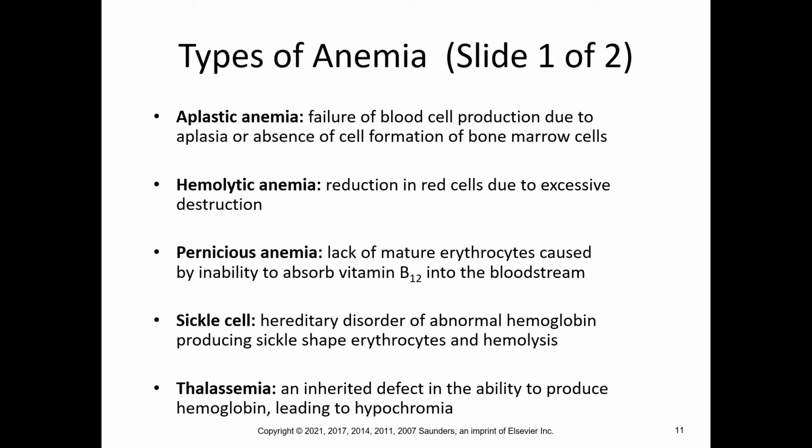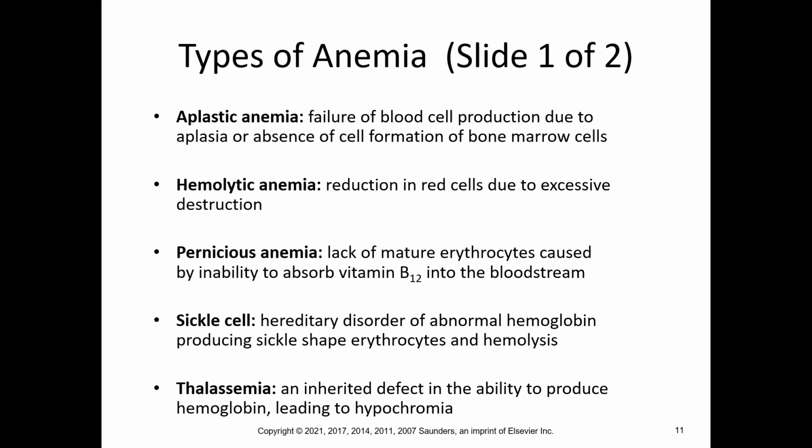Sickle cell anemia, a hereditary disorder of abnormal hemoglobin producing sickle-shaped erythrocytes and hemolytic properties. The cells break apart. Lastly, thalassemia, an inherited defect in the ability to produce hemoglobin, leading to hypochromia.